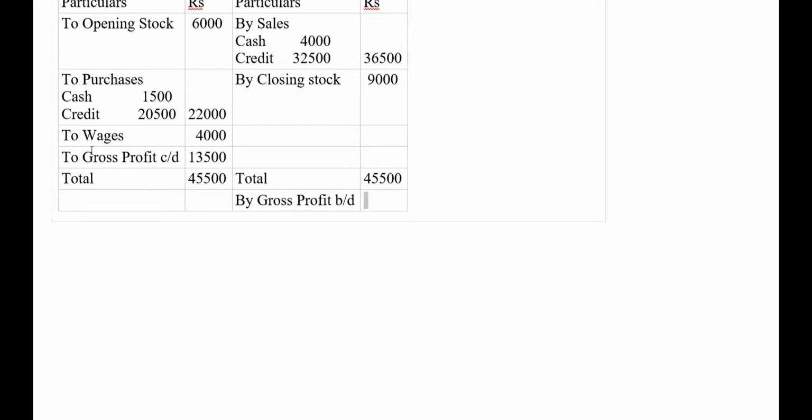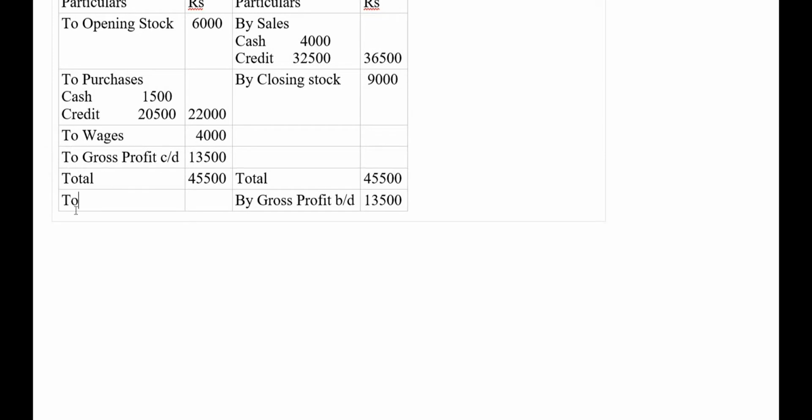So when you deduct here, you will get 13,500 as the gross profit, which should be brought down here. So by gross profit brought down, that comes to 13,500.